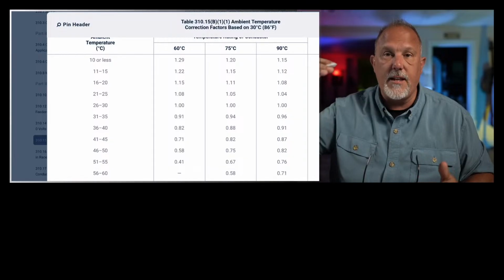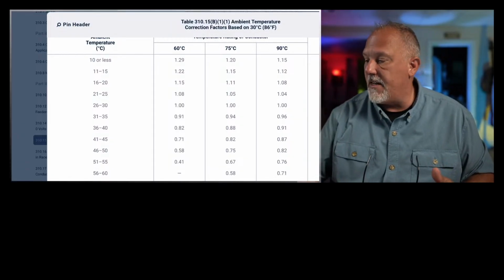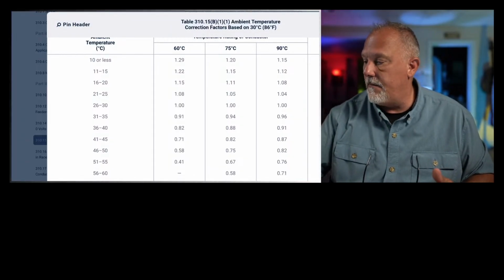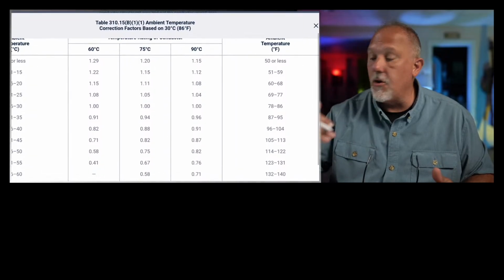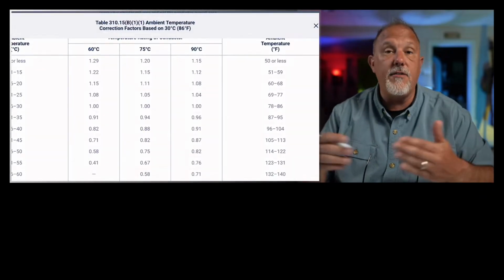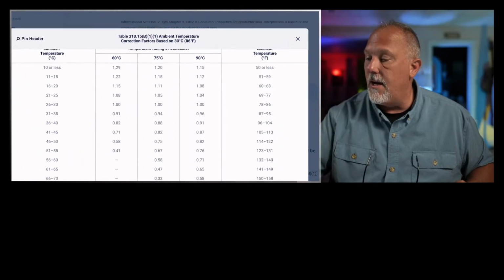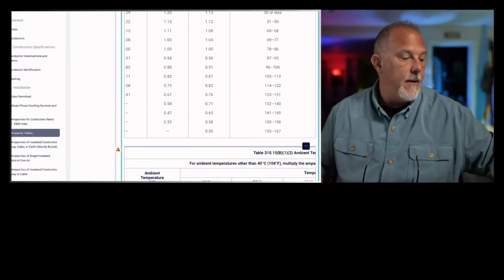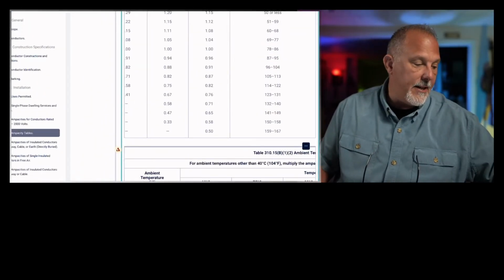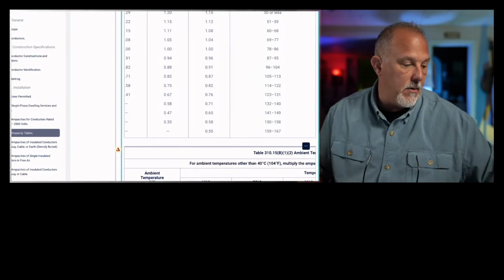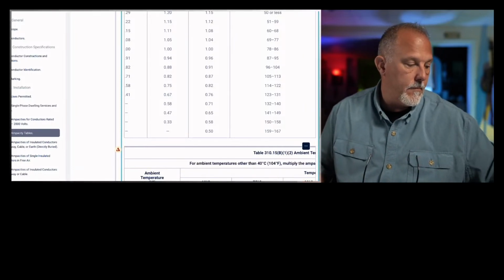So I'm adjusting the ampacity of the conductor down. If my temperatures go lower, then I'm adding on to the ampacity of that conductor. So I'm basically adjusting my conductor ampacity based upon the conditions of use from a temperature perspective. So those are the ambient temperatures that we'll find.